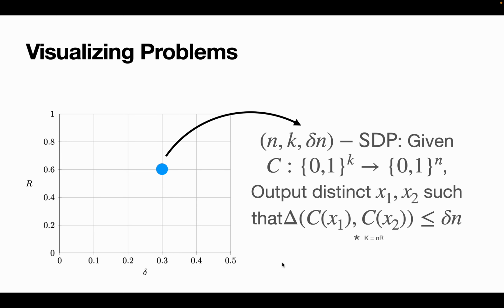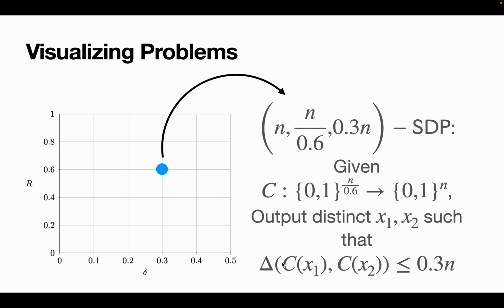Each point (R, delta) corresponds to a short distances problem, SDP, where I give you an implicitly represented code with rate R, and I ask you to find x1, x2 such that the code words C of x1, C of x2 are within distance delta n of each other.